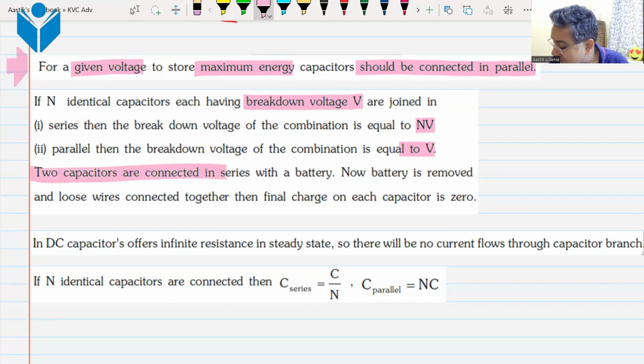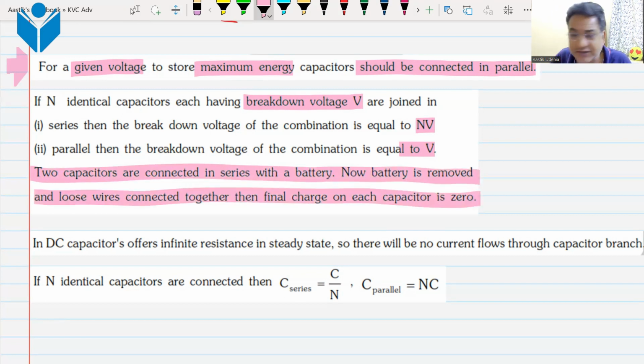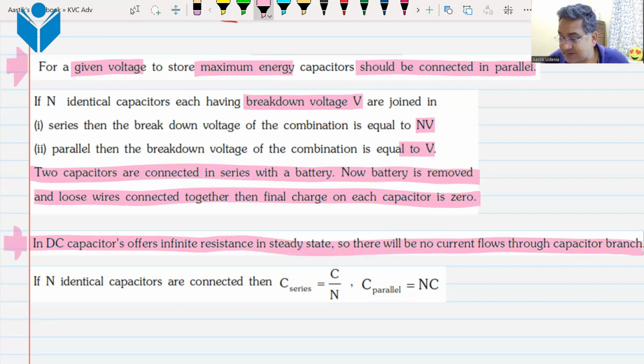Two capacitors connected in series with a battery: if the battery is removed and the capacitors are connected to each other without the battery, the final charge on each capacitor would be zero. We understand this. In DC, the capacitor offers infinite resistance.